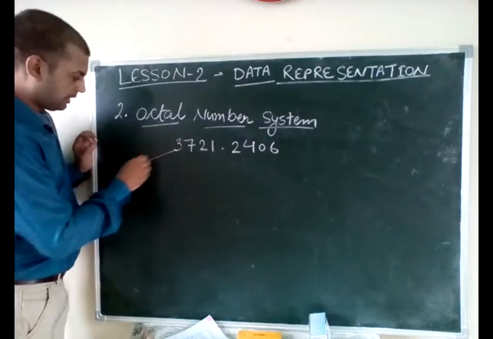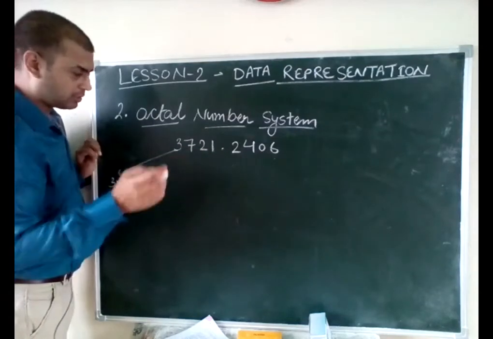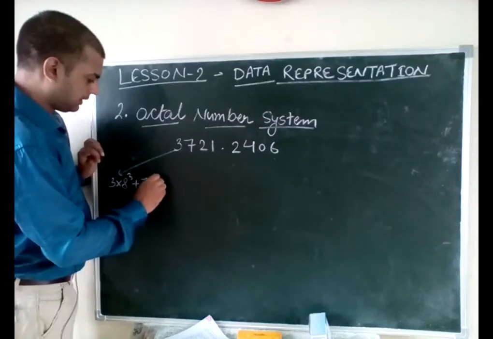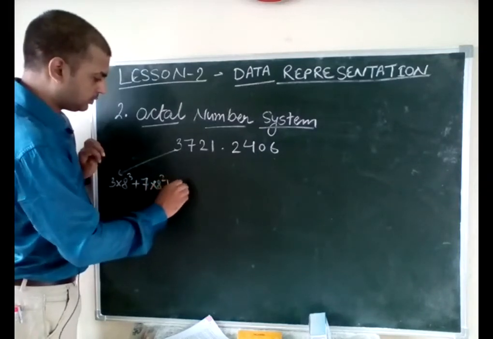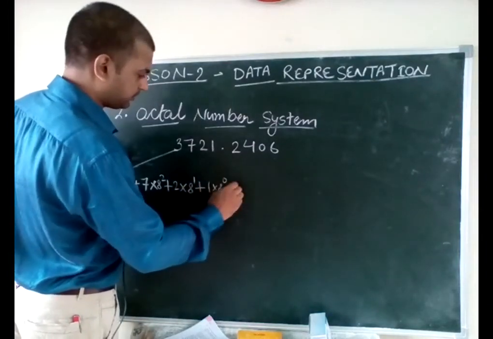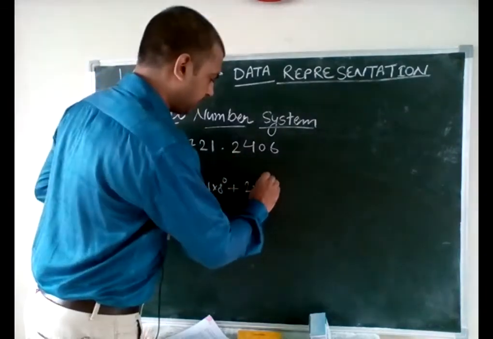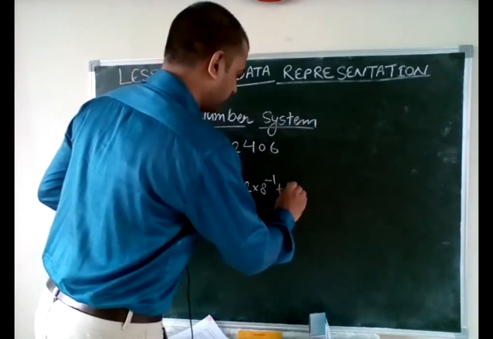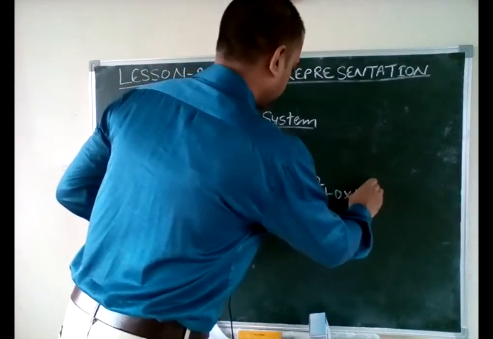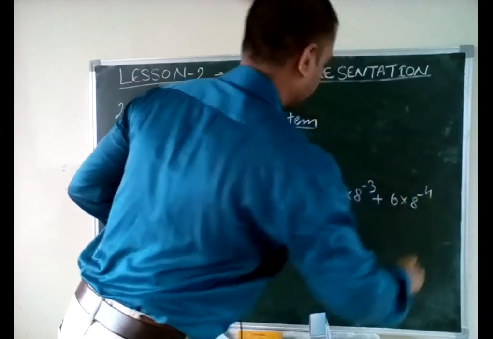Now I am writing 3 into 8 to the power 3, since there are 4 digits, so we start from 3, plus 7 into 8 to the power 2 plus 2 into 8 to the power 1 plus 1 into 8 to the power 0, and plus 2 into 8 to the power minus 1 plus 4 into 8 to the power minus 2 plus 0 into 8 to the power minus 3 plus 6 into 8 to the power minus 4.